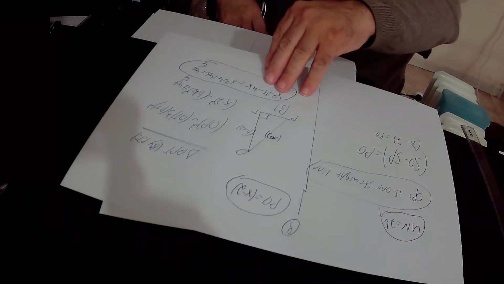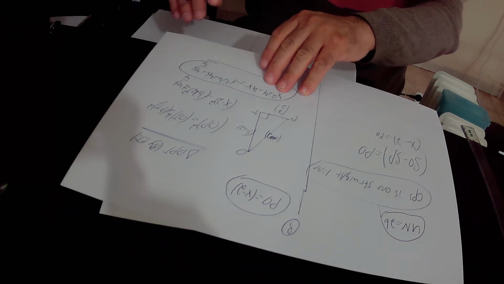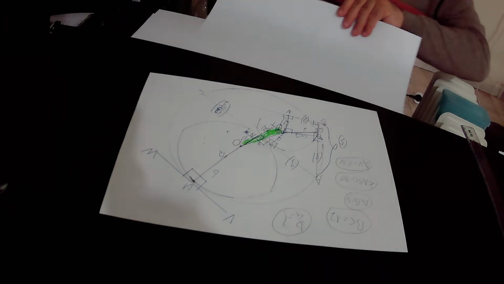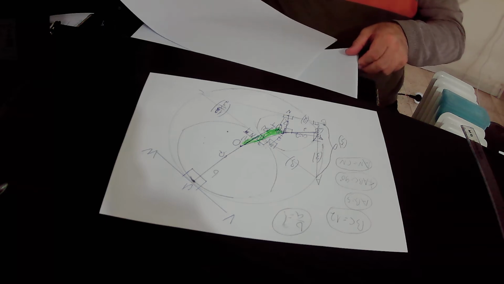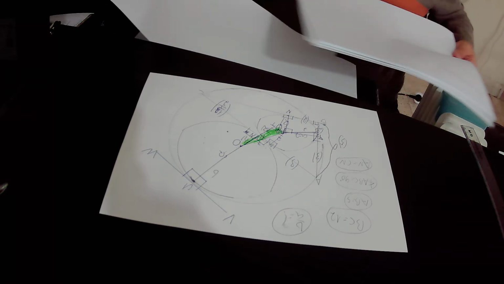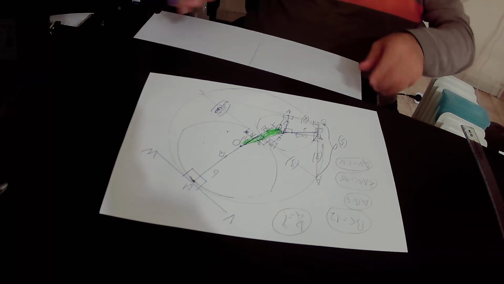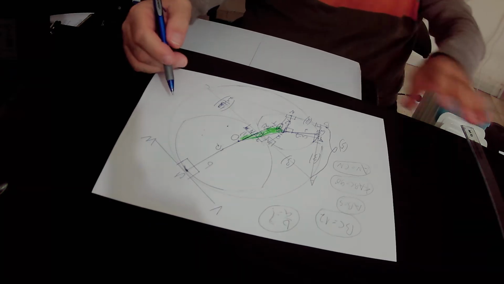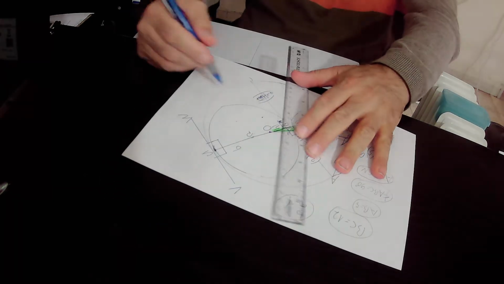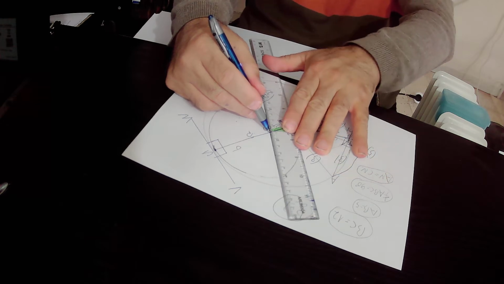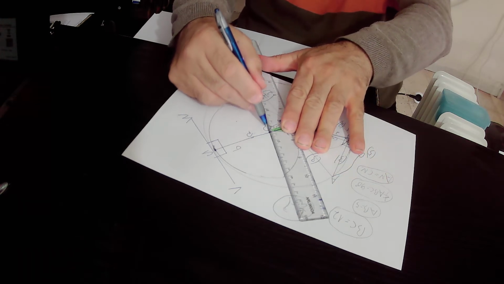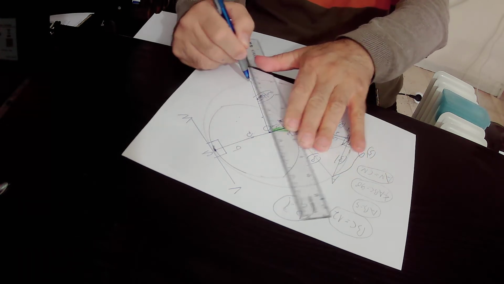Next step, we join points O and C together by a straight line. So what is the definition of the straight line OC?